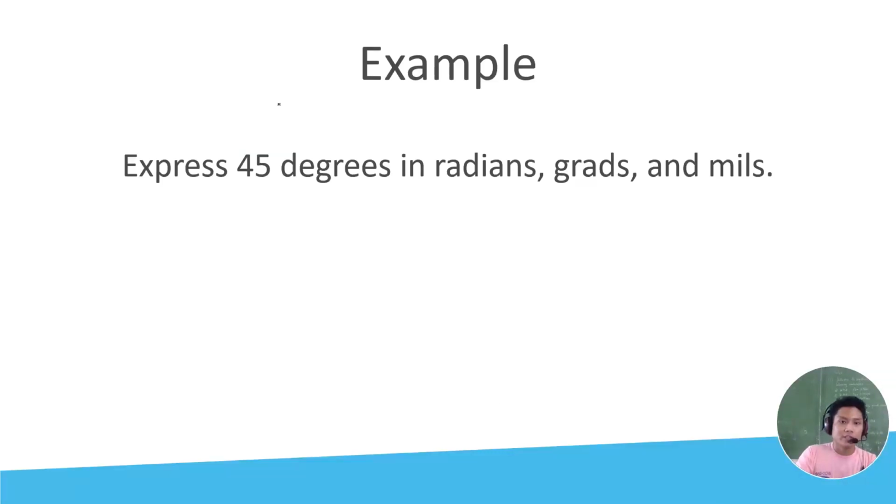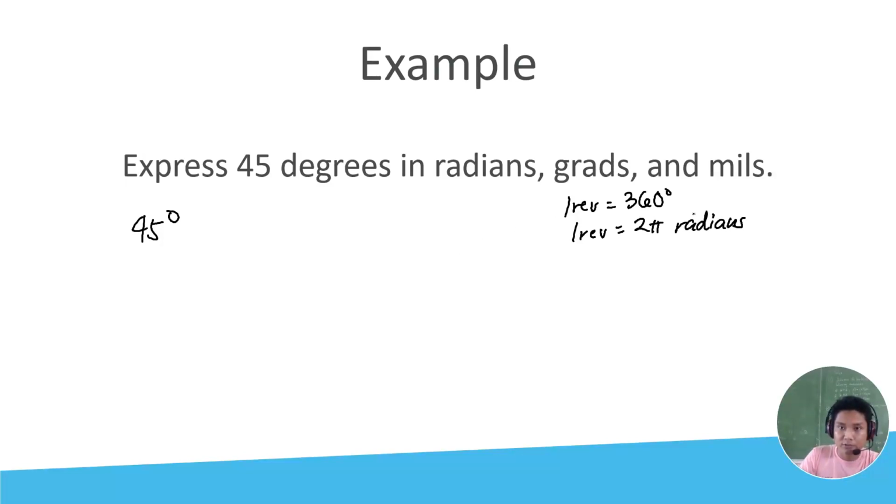So, example, express 45 degrees in radians, grads, and mils. So given yung degrees natin na 45 degrees, naka-degrees na unit, kukonvert natin siya sa radian muna. So, for radian unit, as we recall, for 1 revolution, we have 360 degrees. And for radians, we have 2 pi. Now, if I'm going to convert degrees into radians na unit, I must convert it first to revolution, then from revolution going to radians.